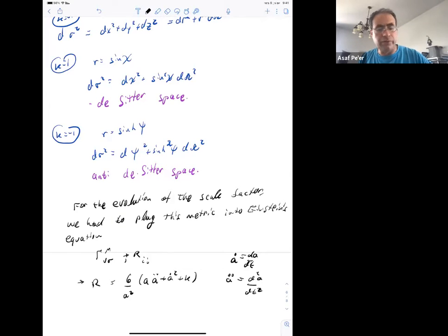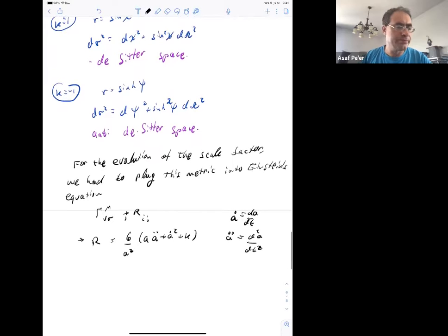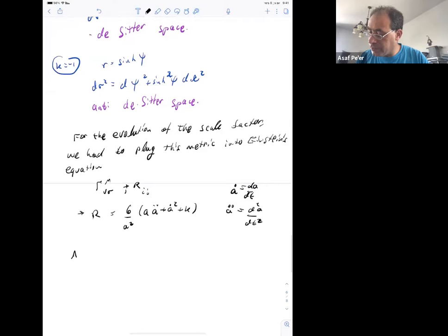And then on the right-hand side of Einstein's equation, now we could not assume it's a vacuum. So we actually had to write down the stress-energy tensor for a perfect fluid, assuming that the universe is made of perfect fluids.